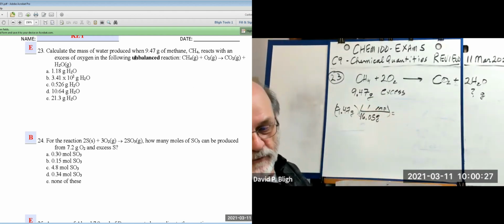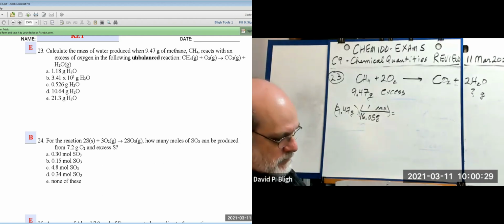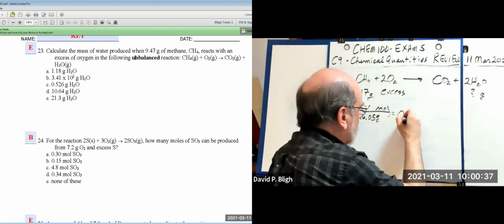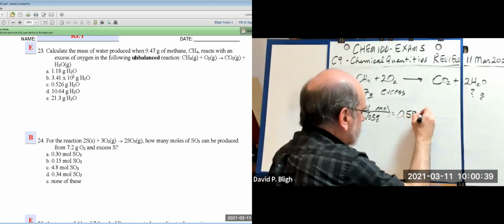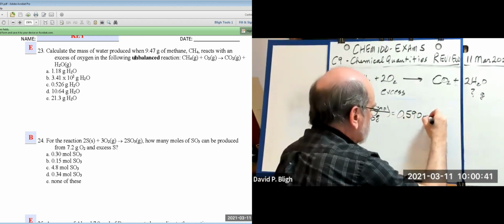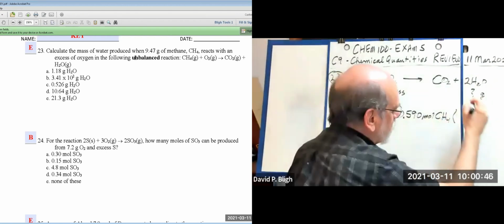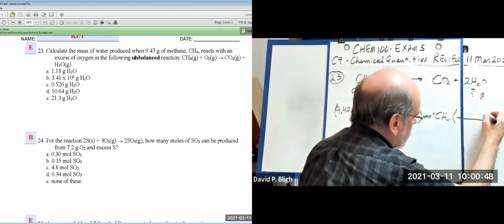Divide that into 9.47. 0.590 moles of methane.